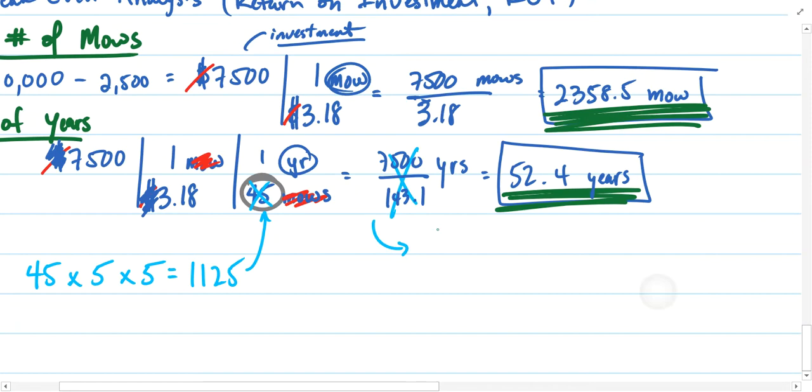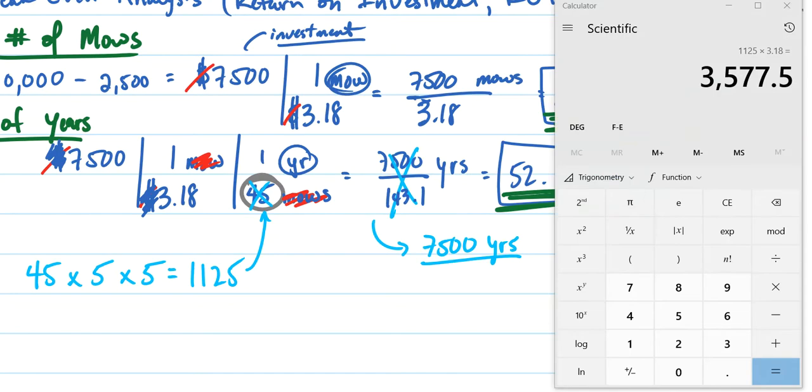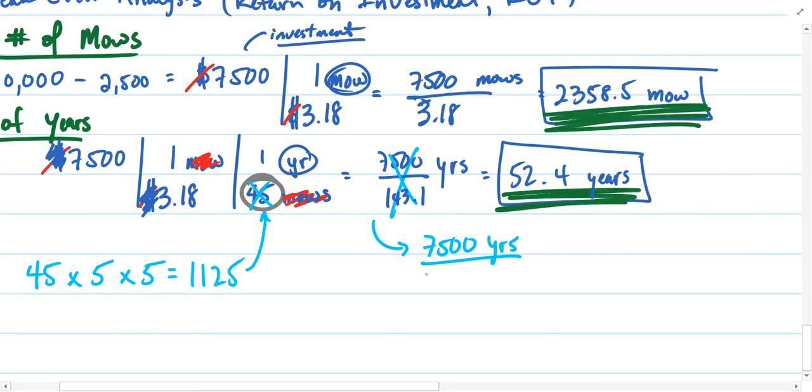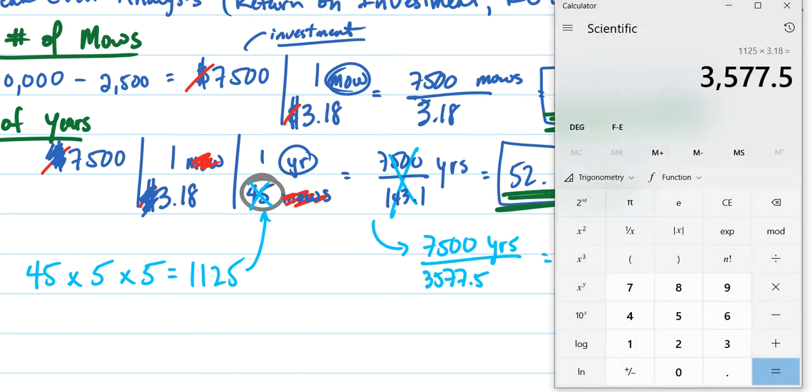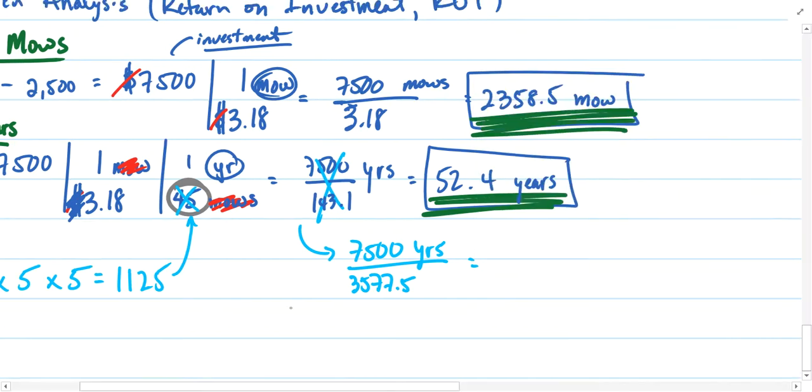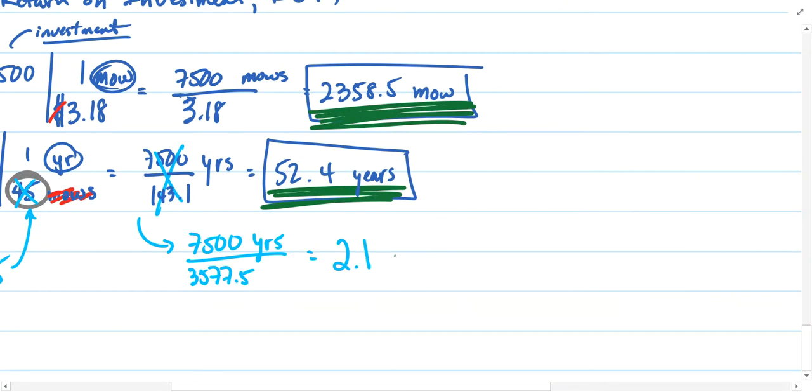Your break even now becomes 7,500 divided by 3,577.5. And the result of that, 7,500 divided by 3,577.5, is equal to, well, now that's a bit more reasonable, 2.1 years.